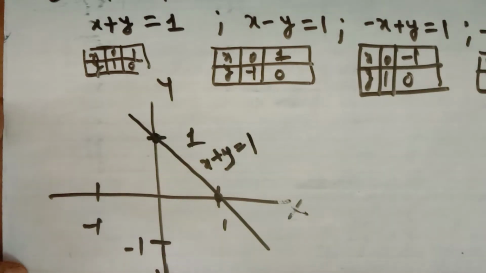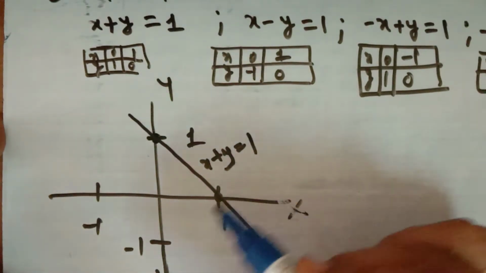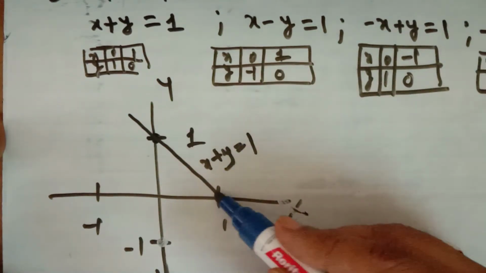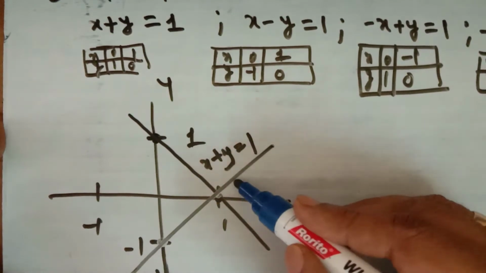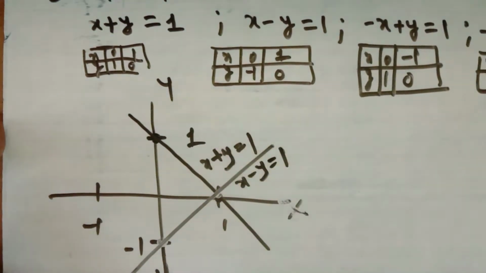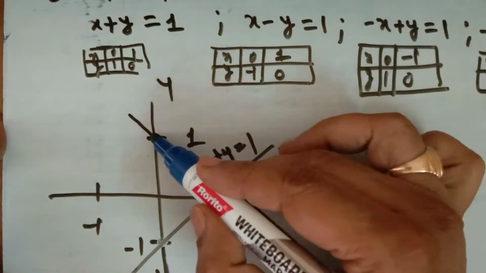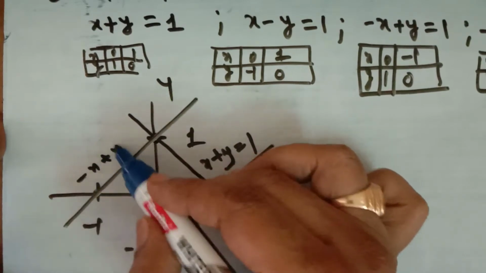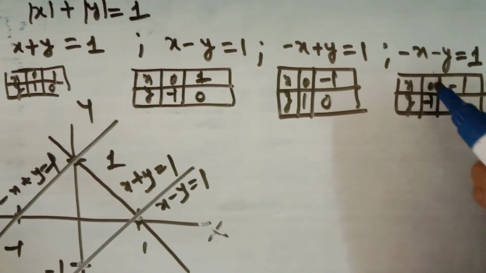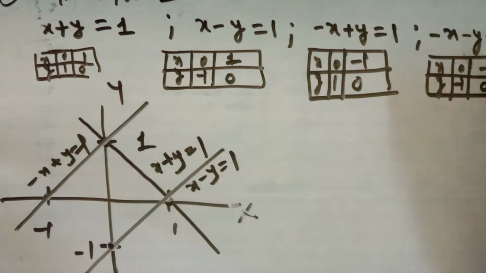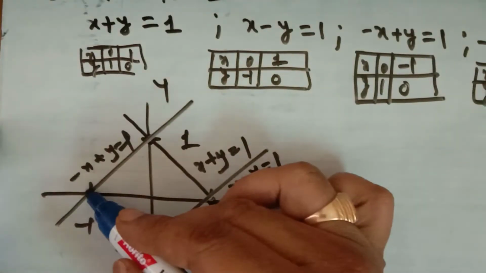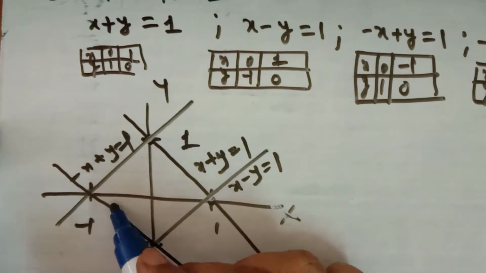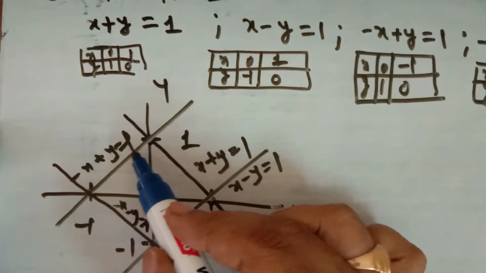Now the second equation, you can mark x 0, y minus 1, this is the point, and x 1, y 0, this is the point, and this equation represents x minus y equal to 1. Now the third is x 0, y 1, and x minus 1, y 0, this is the point. Now this equation represents minus x plus y equal to 1. And the fourth one, x 0, y minus 1, this is the point, and x minus 1, y 0, this is the point, and this equation will represent minus x minus y equal to 1, and you have to find this full area.